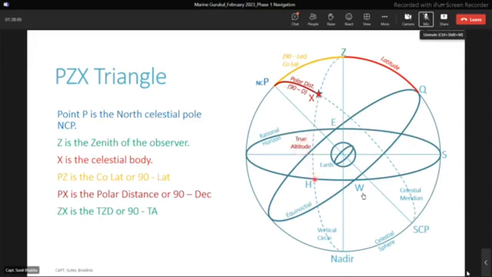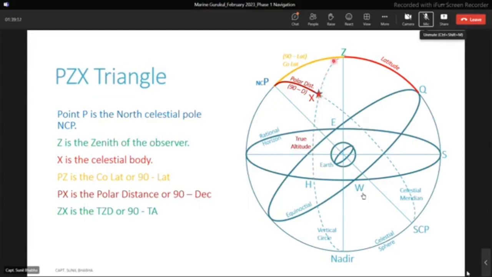We also know that any point on the rational horizon is 90 degrees away from the zenith. So Z to H is 90 degrees. H to X is equal to the true altitude of the body. This tells us that Z to X will be 90 minus true altitude.